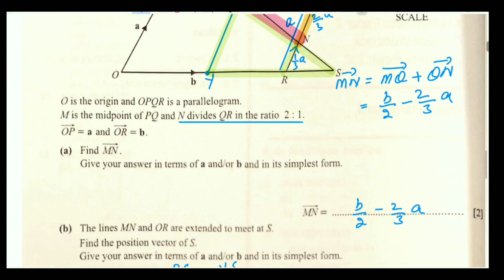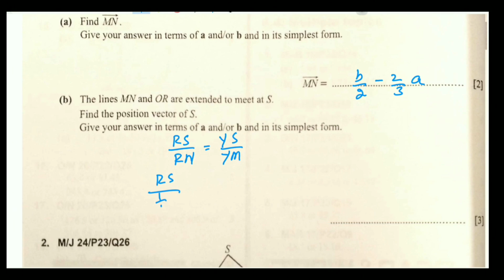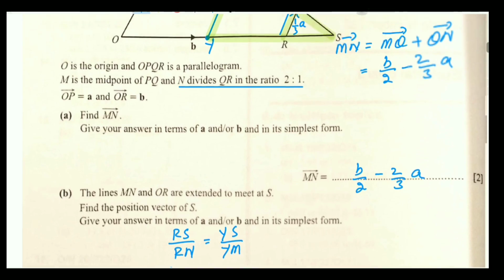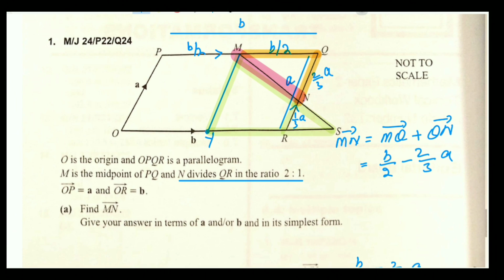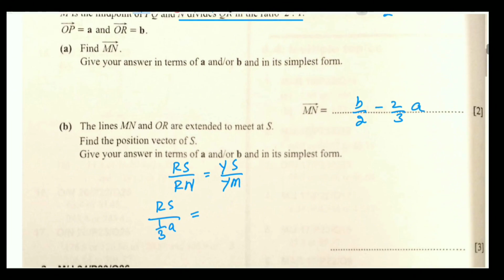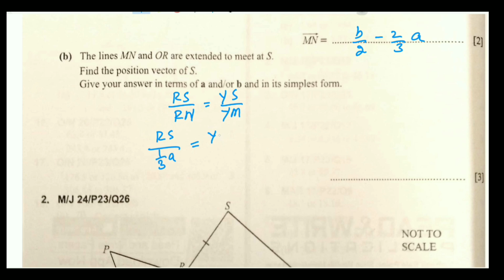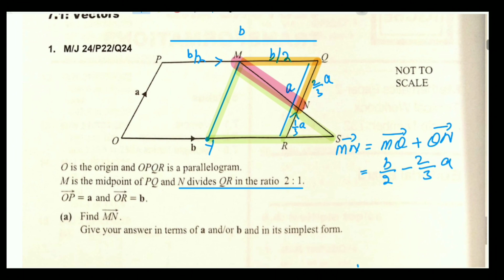RS over RN. RN is 1 by 3A. So RS over 1 by 3A is equal to YS. YS is YR plus RS, over YM. YM is A, because this is A, so this will also be A, because they are parallel.